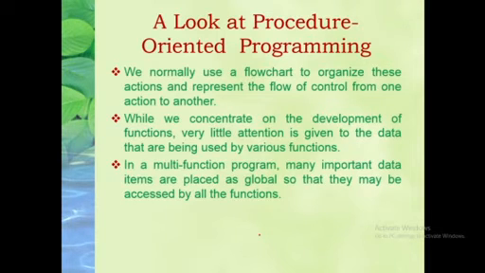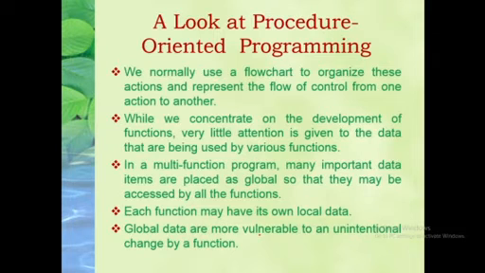In a multi-function program, data is usually set as a global variable because it needs to be accessed by all the functions. If data is declared inside a single function, it is called local data, and it is accessed only inside that function. But we need the data to be known to all the functions, so usually the data is declared as global data.